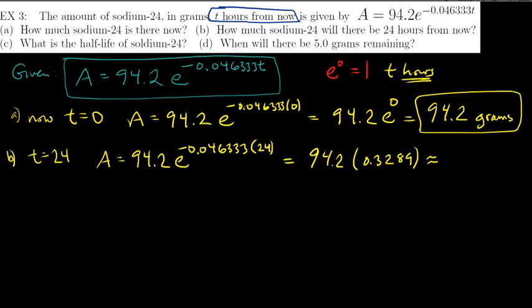When you round to the nearest tenth, that actually gives you 31.0 grams. You can abbreviate G for grams here. Right, so 24 hours from now, there's only 31 grams.